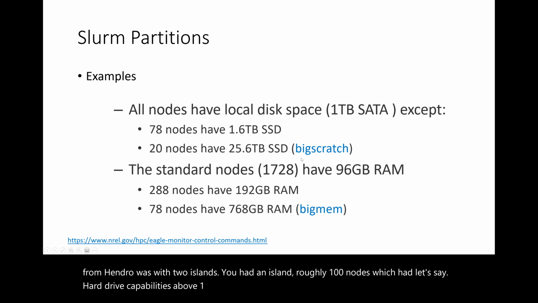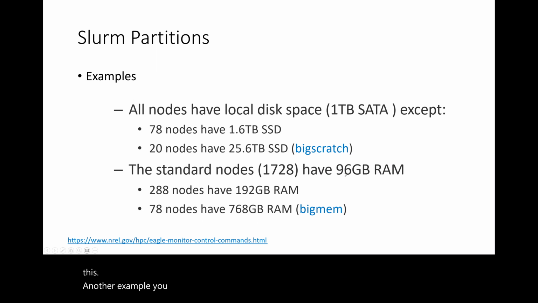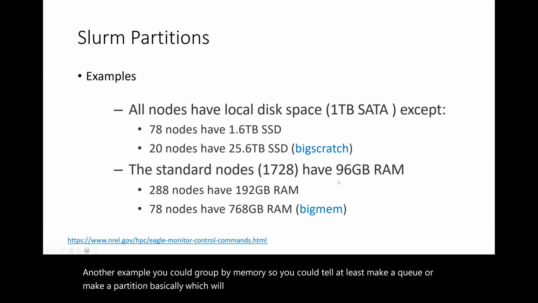You could group them, and every job request which needs a file system bigger than 1 terabyte will be served by this. Another example, you could group by memory. You could make a partition which will cover all requests for jobs requiring more than 96 gigabytes of memory.